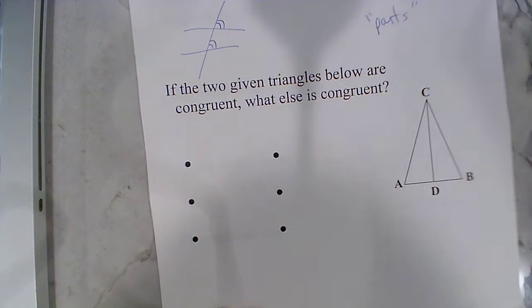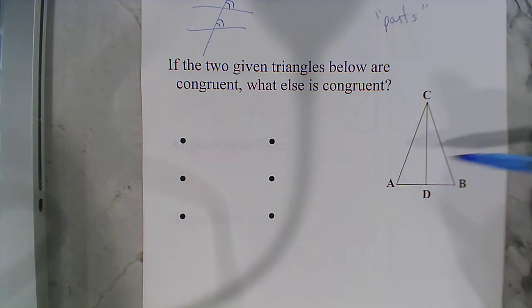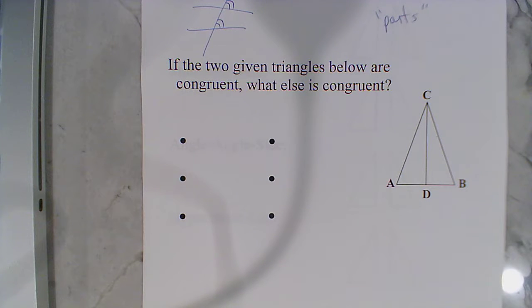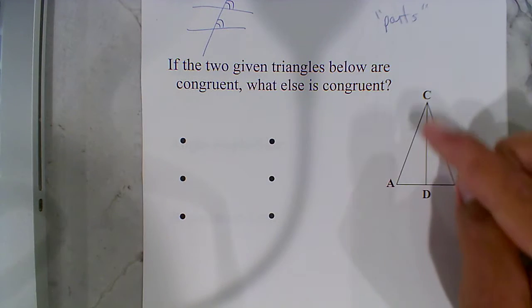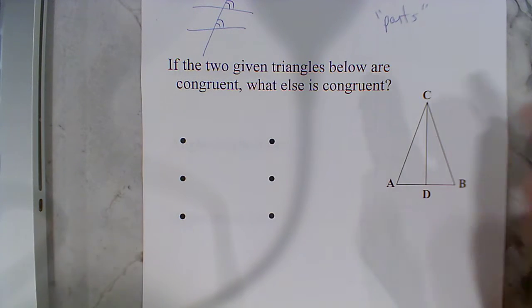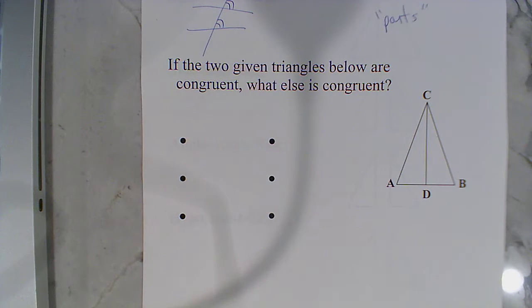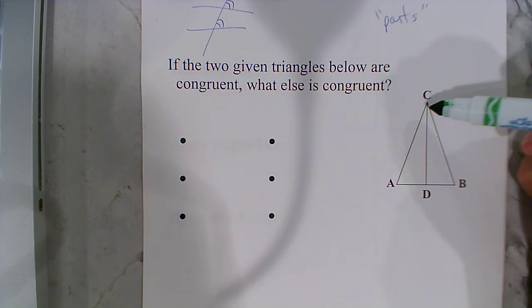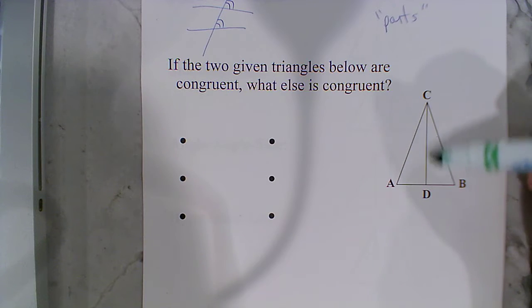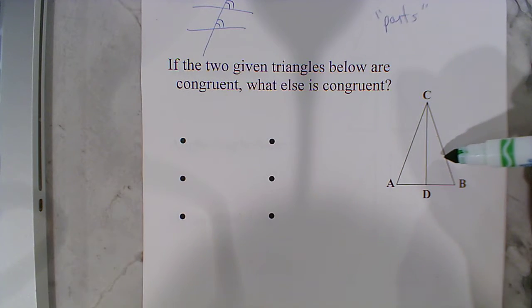So what I want you to look at here is I'm telling you these 2 triangles are congruent. So you got this triangle on the left and this triangle on the right. Now, if they are congruent, I want to try to match up the sides and angles that would be congruent. The easiest way to do this is to think about it in terms of a transformation. What would I have to do to this triangle to make it turn into this triangle?